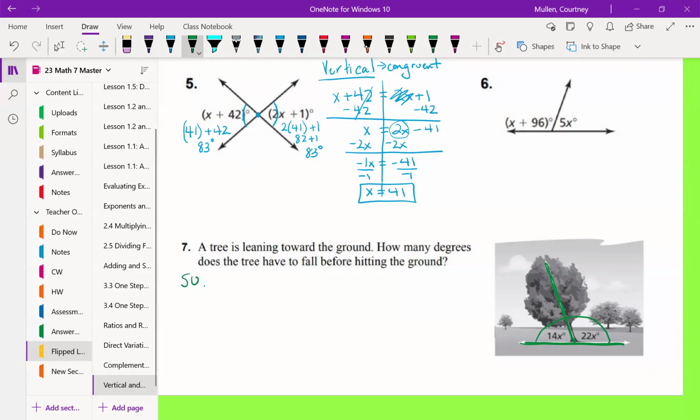They're supplementary. And since they also share this vertex and this side, they're also adjacent. But again, adjacent doesn't tell us much info. So we need to find the value of x.